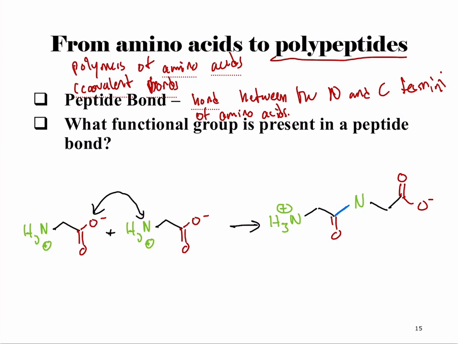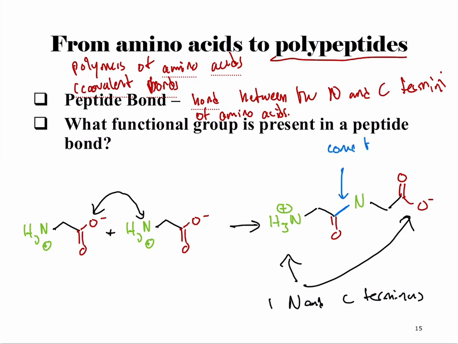And so you see in the polypeptide, we only have one N and C terminus because the other N and C terminus have come together to form a peptide bond. All right, so that's the peptide bond right there.